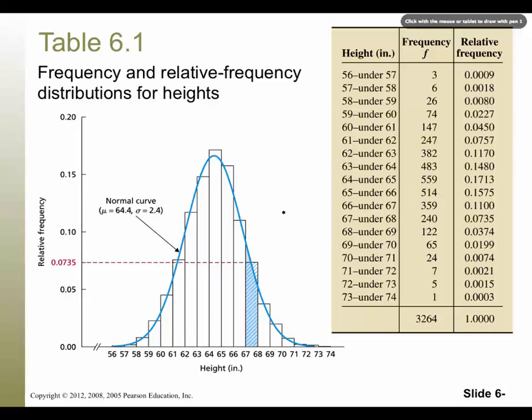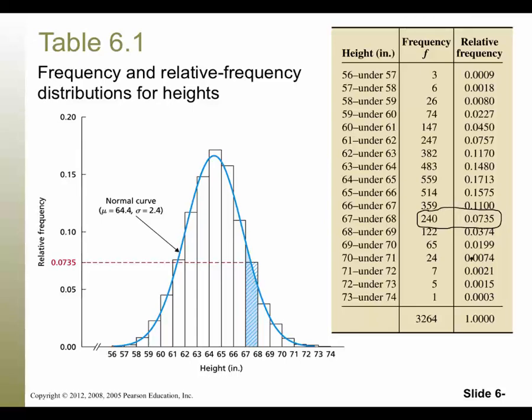And so these bars show the frequencies in these different classes. What I want to point out is if you look at this particular region right here from 67 to 68, in the sample that they took, it was 240 women.